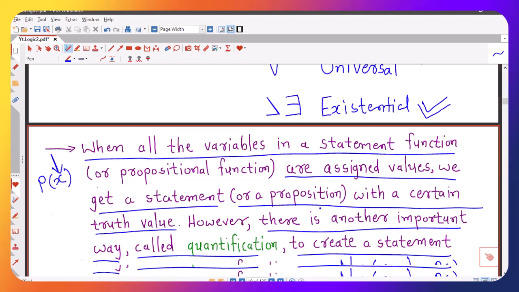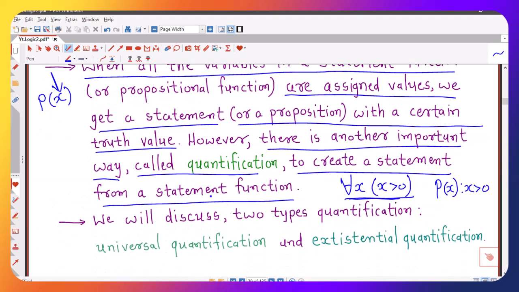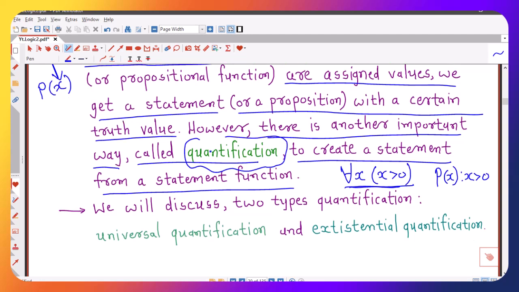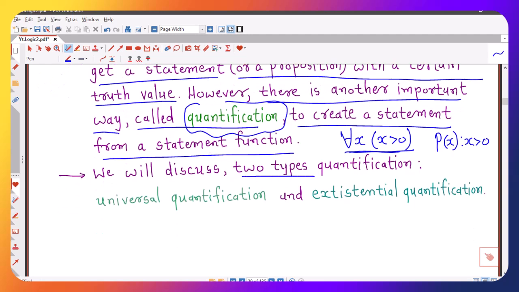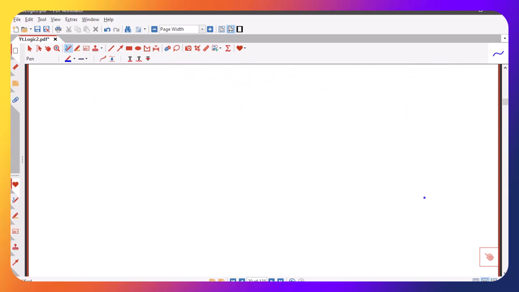So that is another way to create a statement from a statement function, and that way is called quantification. So we are going to discuss two types of quantification: one is universal quantification, another is existential quantification.